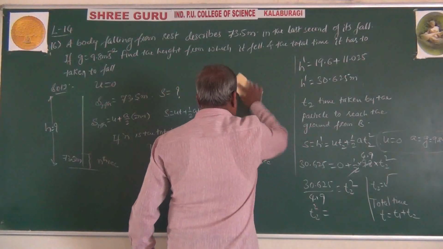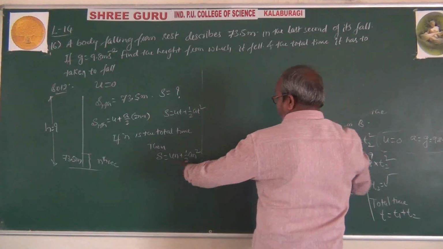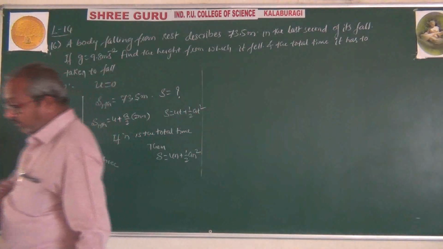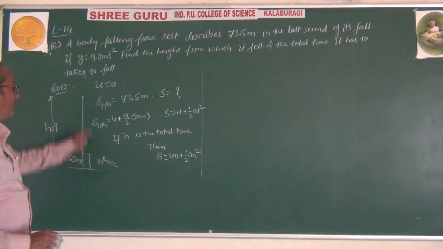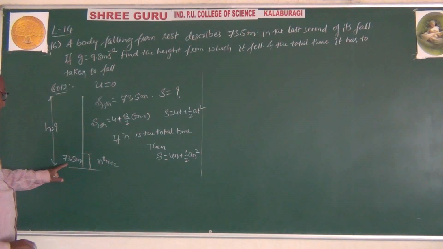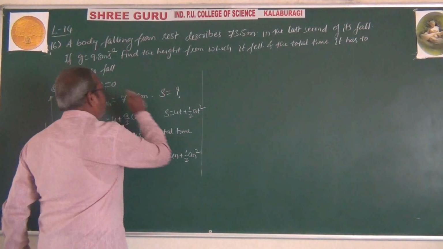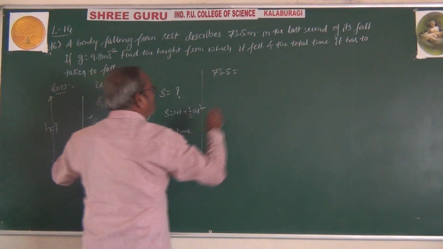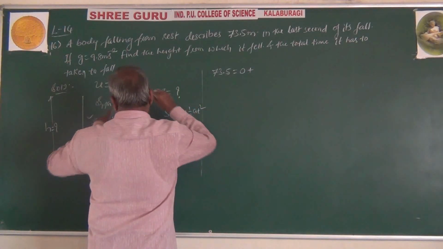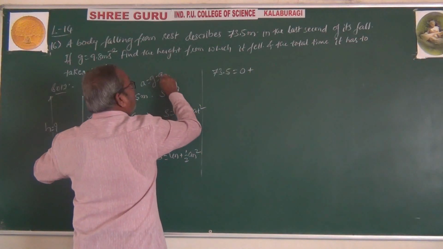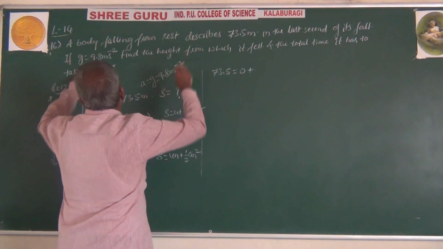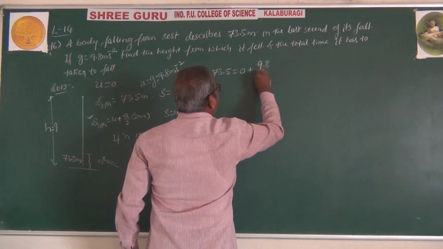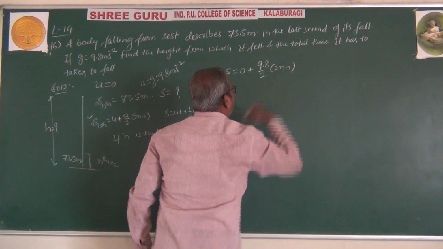Now we have taken the time as n, not t. Here for this Sn, how much do we have? Sn is 73.5. In this equation, 73.5 equals u, which is 0, plus a by 2, where a equals g equals 9.8 meter per second squared, into 2n minus 1.